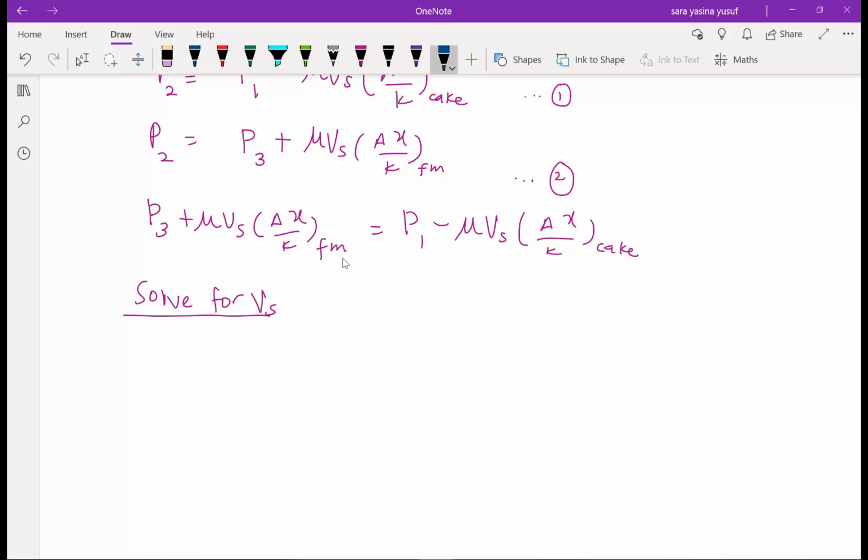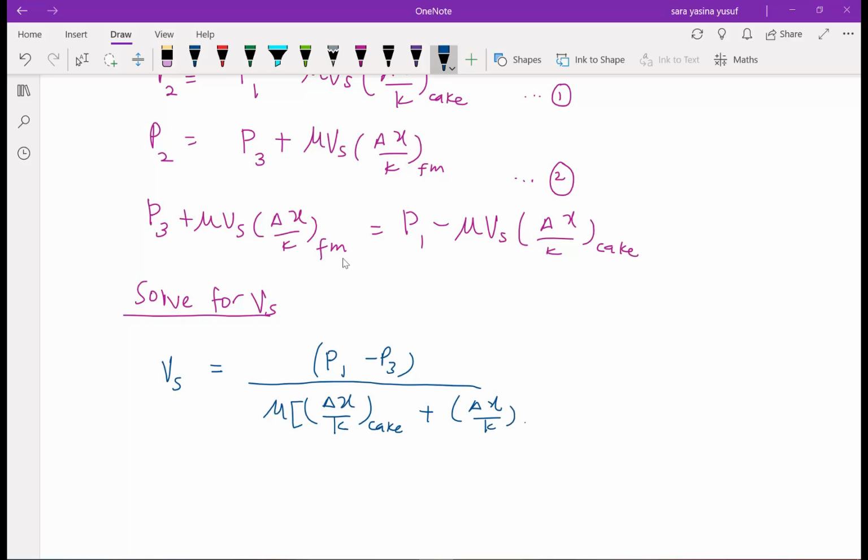So in the end you will get Vs equals P1 minus P3 over mu times the expression from the cake analysis and the expression from the filter medium analysis.